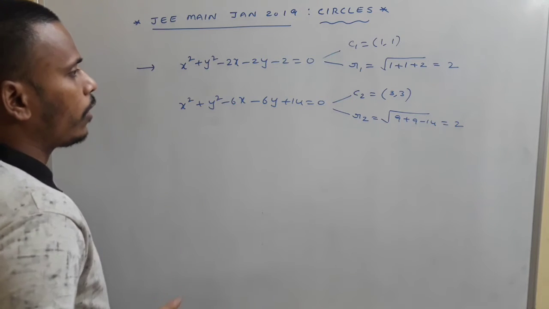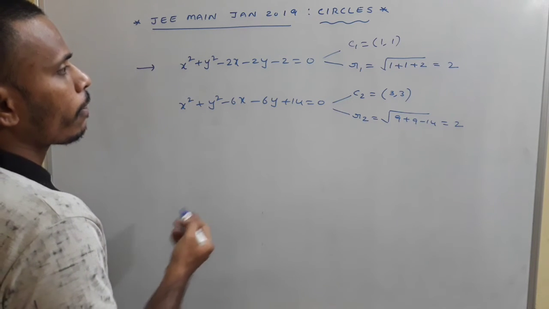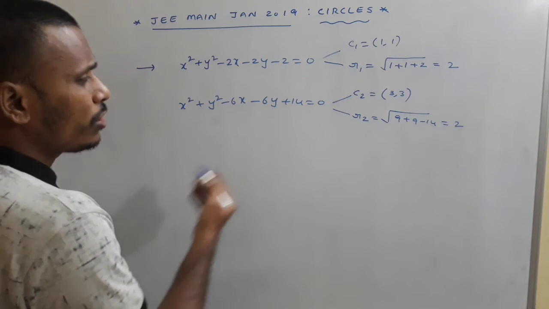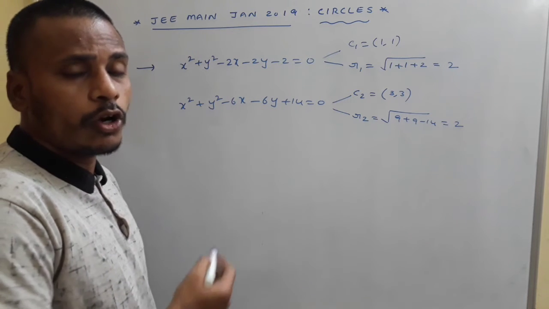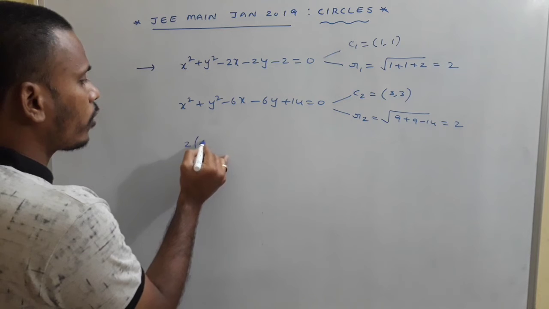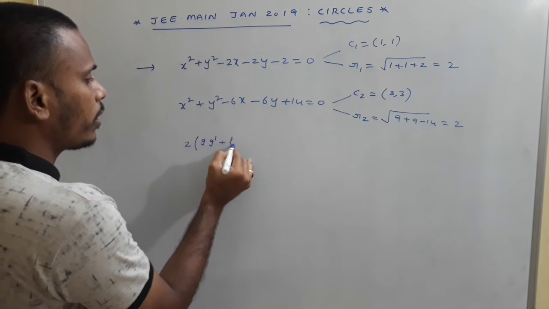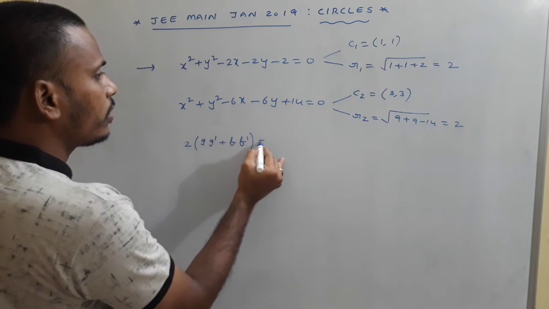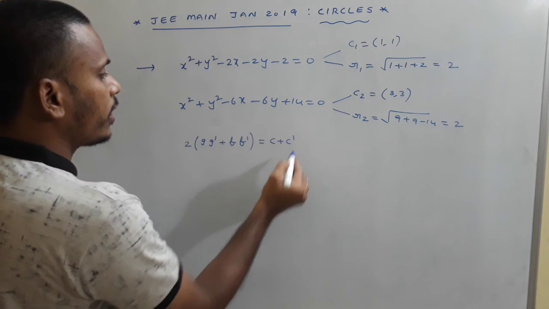Now you just check the condition of orthogonality, because these two circles are of equal radii. The condition of orthogonality is 2g g dash plus 2f f dash is equal to c plus c dash.